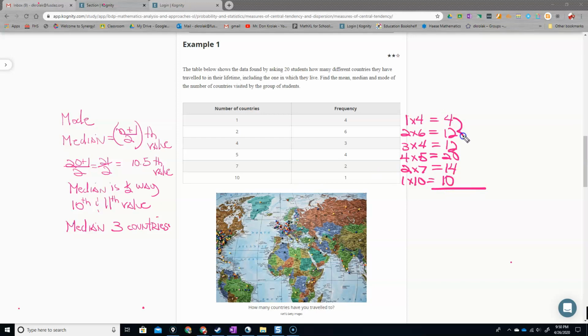So I got 6, 8, 12, and then 1, 2, 3, 4, 5, 6, 7, 72. And then to get my mean, it's going to be 72 divided by the number of data points, which is 20, and that ends up to be 3.6. And that would be my mean.